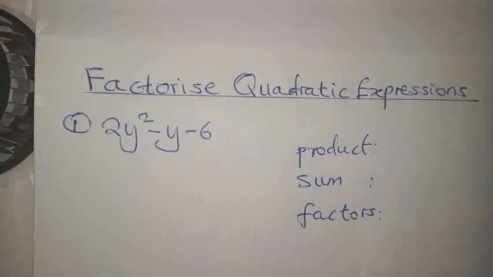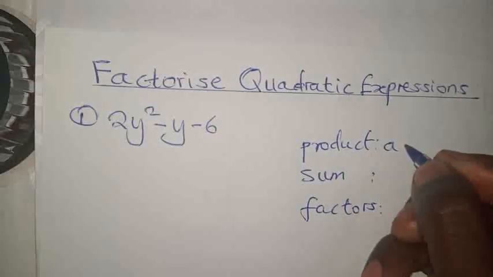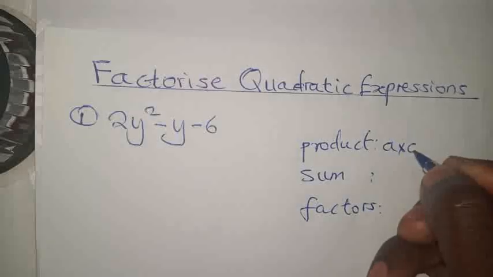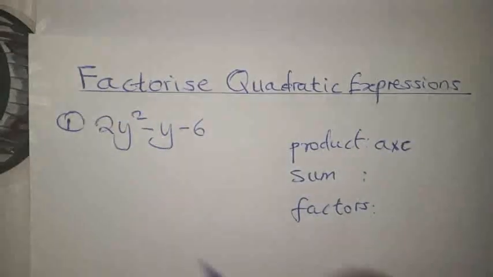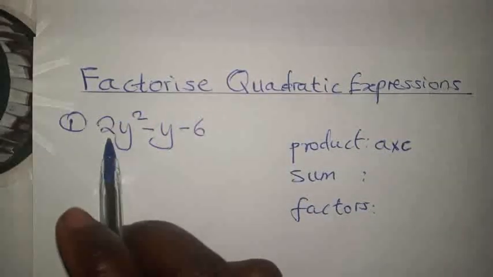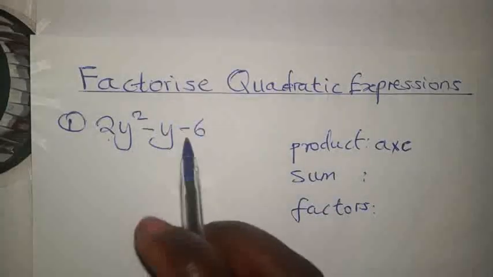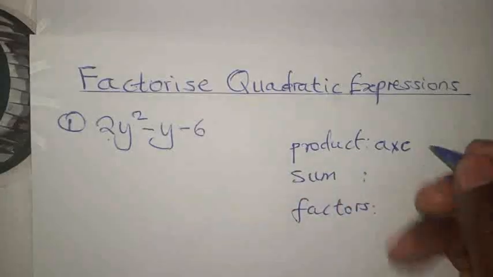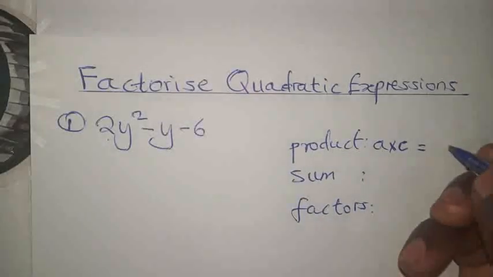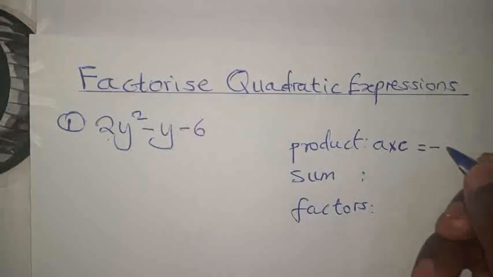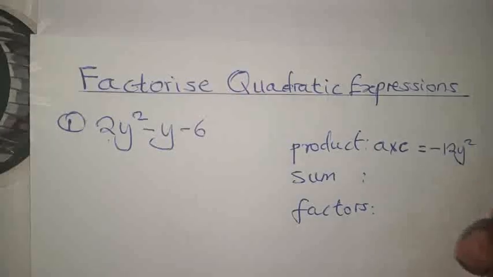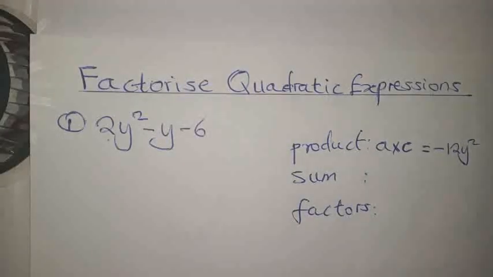In our case, you are multiplying a times c, of which our a here is 2 and our c is -6. So what is 2y squared by -6? It will give us an answer of -12y squared. So that is our product.